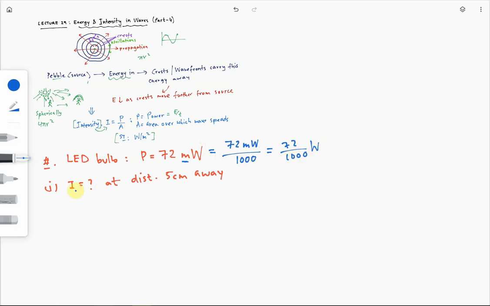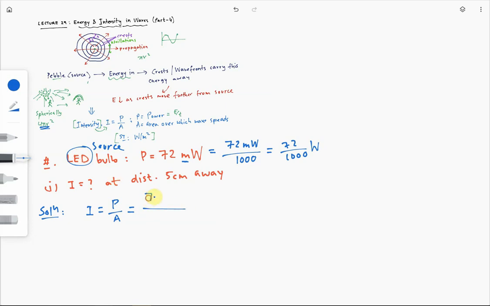Now we want to find out the intensity at a distance of 5 centimeters away from this LED bulb. The LED bulb is the source of the light wave that you are seeing, and we know the formula for intensity, we just learned it, is I equals power over area. We know the power, but do we know the area? Well, we do know that light spreads out spherically, and the area would be the surface area of a sphere.